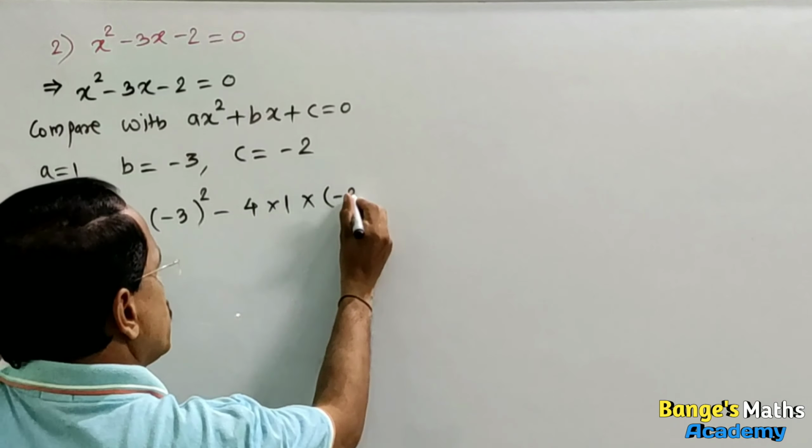We get the value of m. Then m is equal to minus 1 plus root 22 upon 3, or m is equal to minus 1 minus root 22 upon 3. So minus 1 plus root 22 upon 3 and minus 1 minus root 22 upon 3 are the roots.